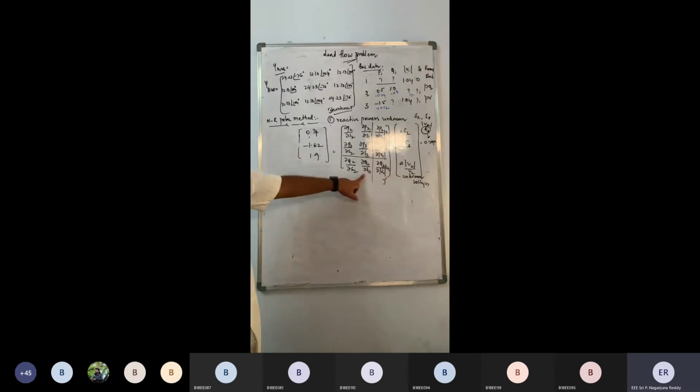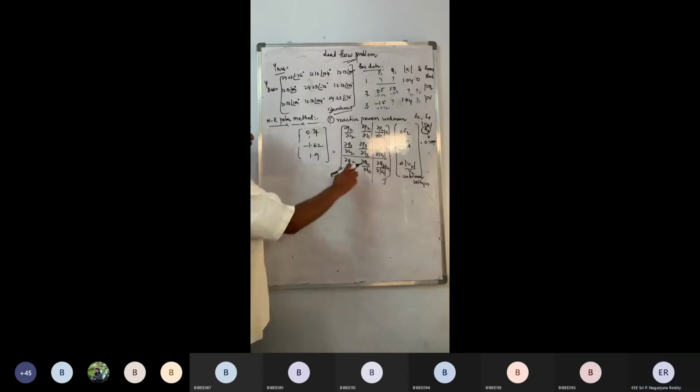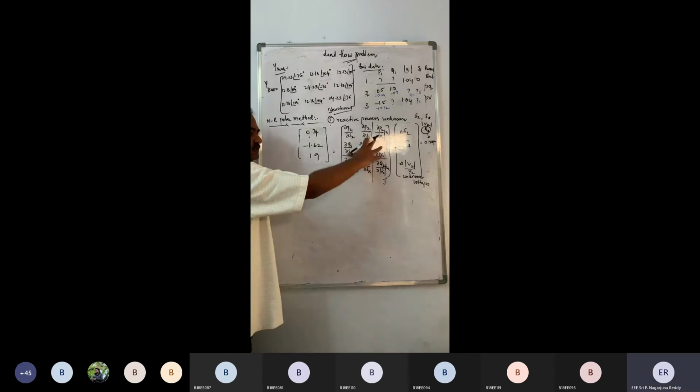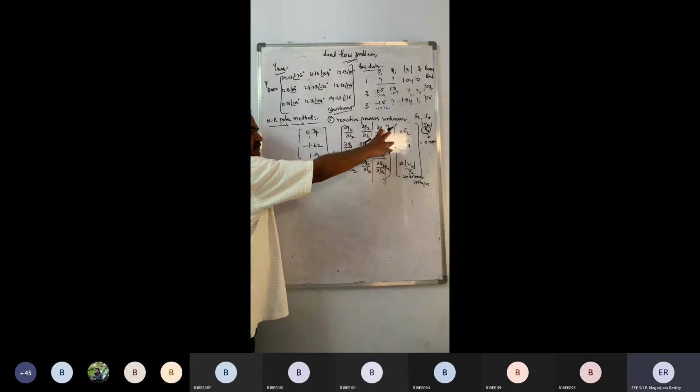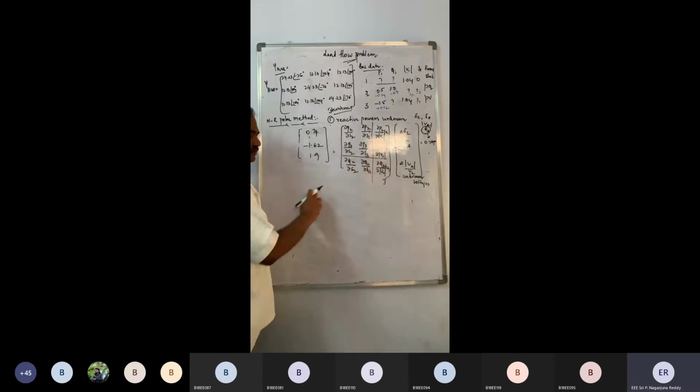Now we need to determine these values. 9 values we are supposed to determine. Don't get tired, you will get the values very easily. See, I have subdivided this into 4 submatrices: J1, J2, J3, and J4. In J1, how many elements do you require now?